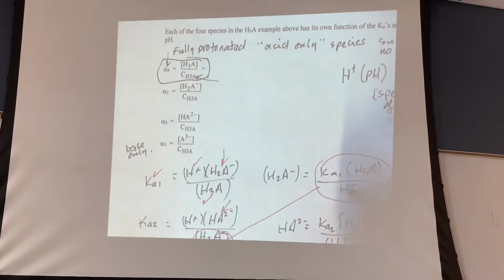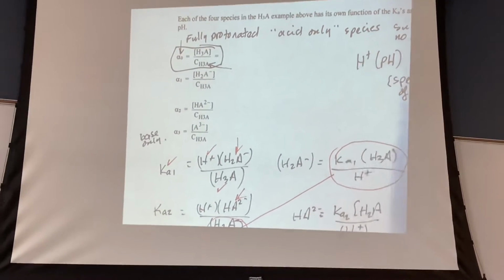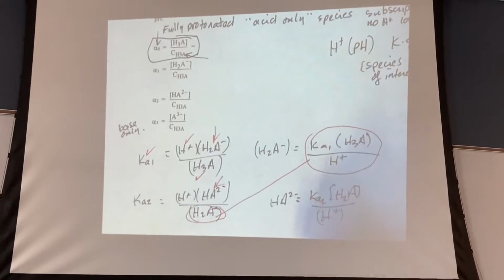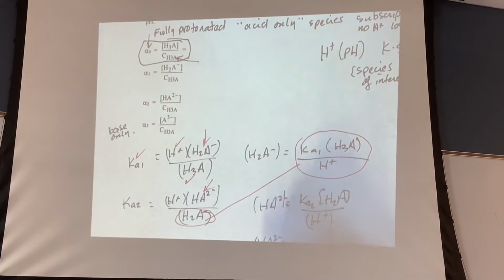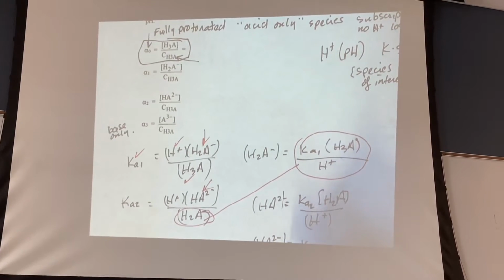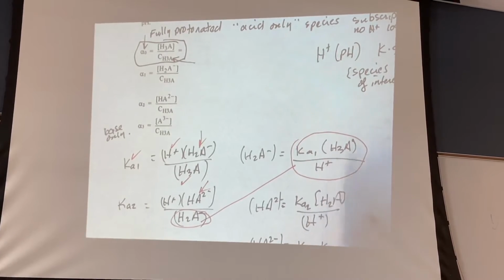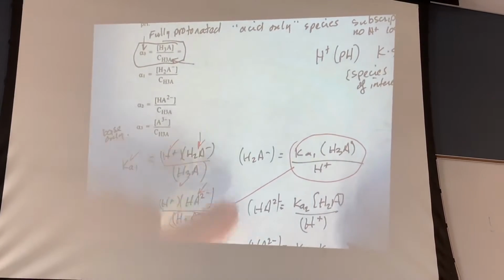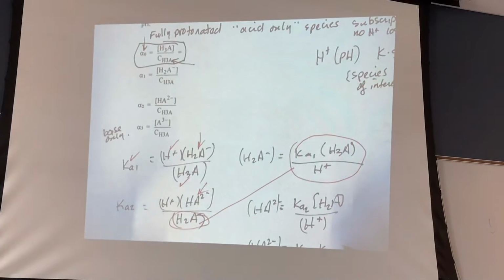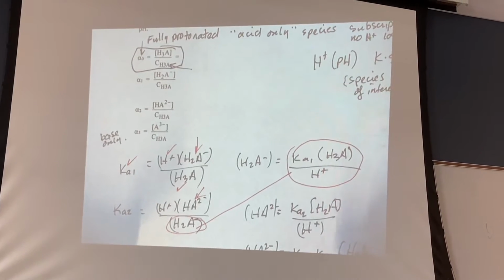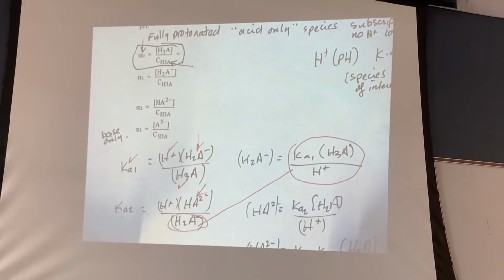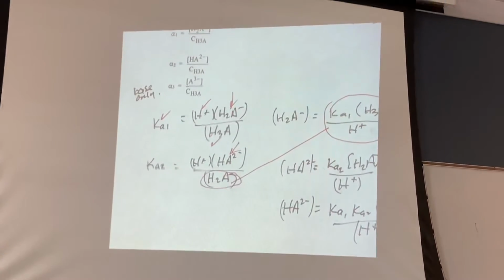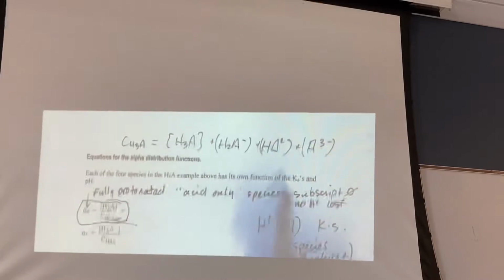And if I make this substitution for H2A, I get HA2 minus equal Ka1, Ka2, H3A over H plus times H plus, or H plus squared. So now I have an expression for that.